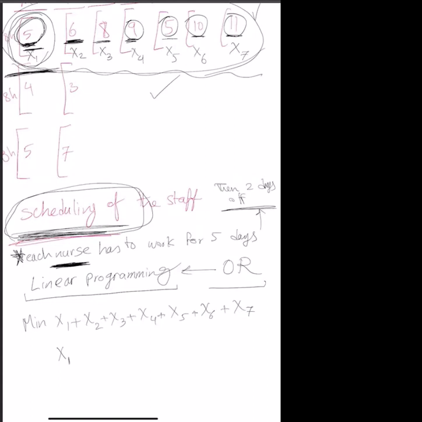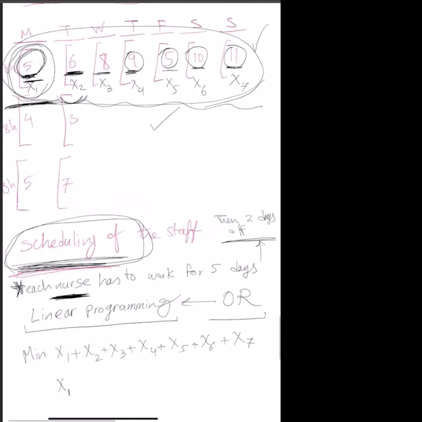And then can you tell me which other nurses are going to work on Monday as well? A nurse that starts on Tuesday, will these nurses end up working on Monday ever?